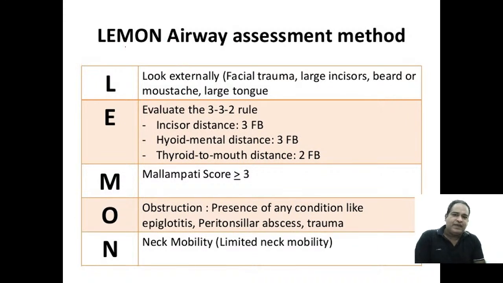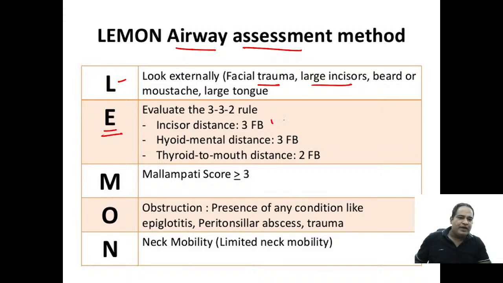So you see LEMON. When you do the airway assessment, you first look externally if there is any facial trauma, large incisor teeth, then you evaluate. You need to know the 3 distances.